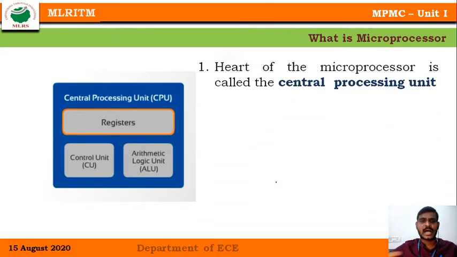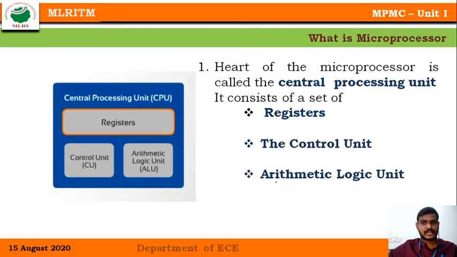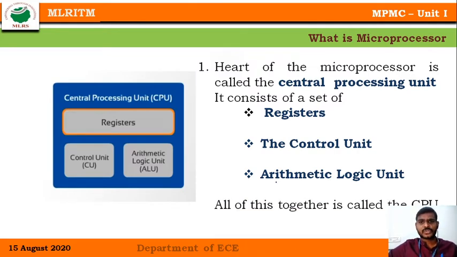The heart of the processor is the central processing unit, where this central processing unit consists of registers, which are used to store temporary data, a control unit, and an arithmetic logic unit, which is used to perform arithmetic and logical operations. All these together are called the CPU, the central processing unit.